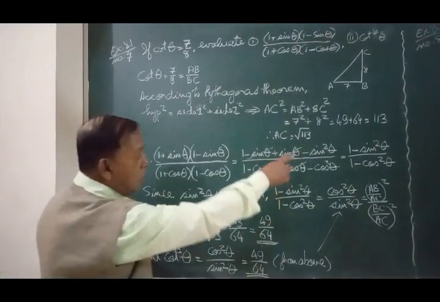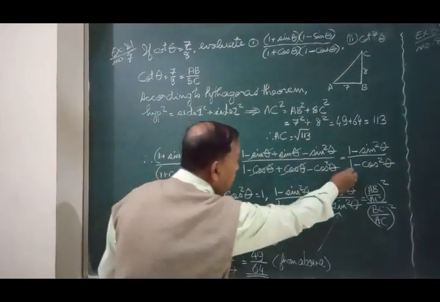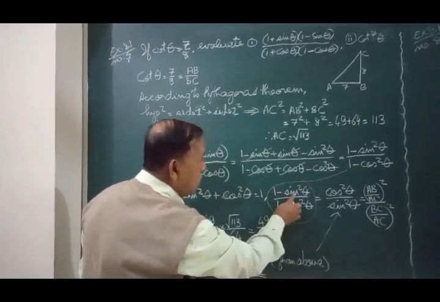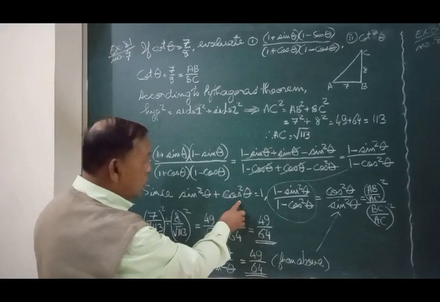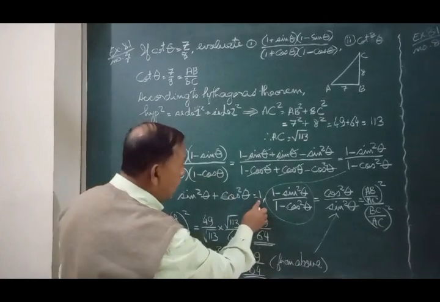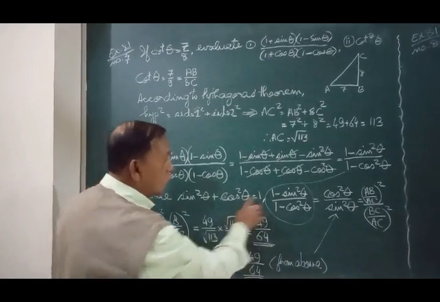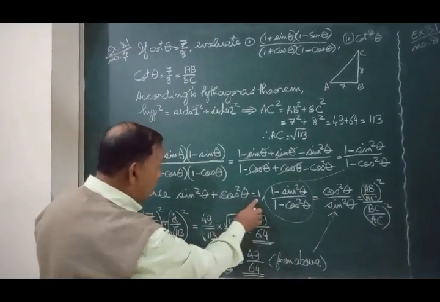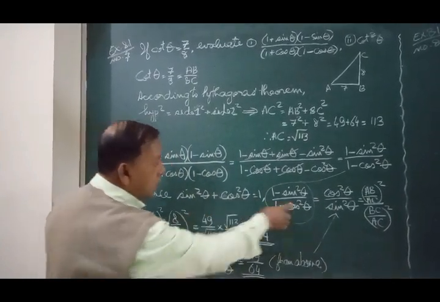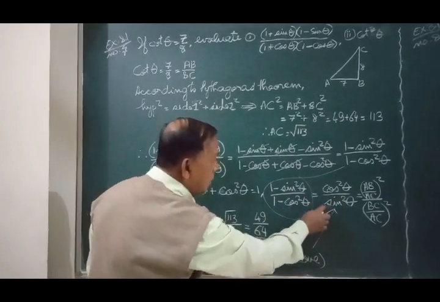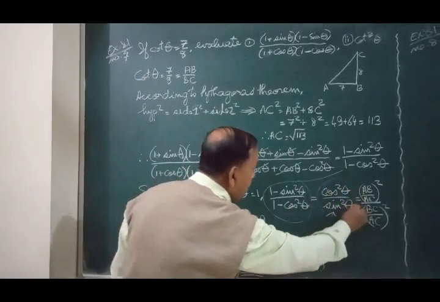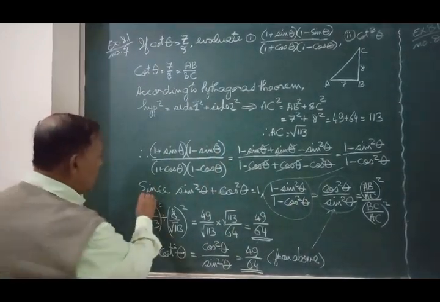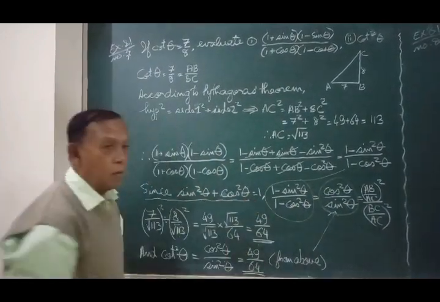Therefore, 1 minus sine squared is equal to cos squared, and then again 1 minus cos squared is equal to sine squared. This is derived from here. That is based on this. This is a formula.